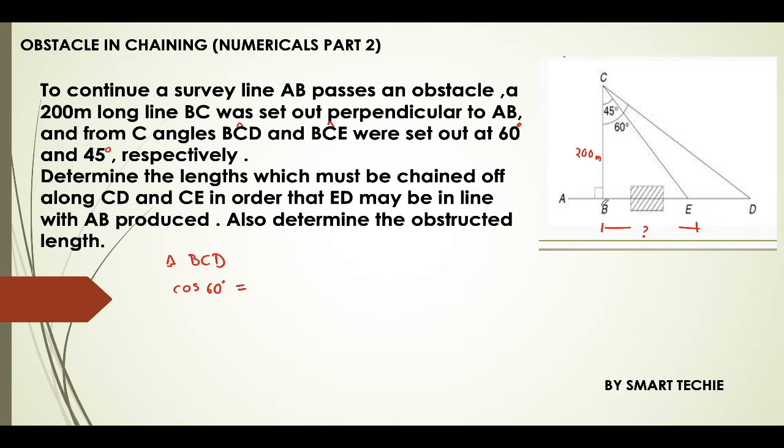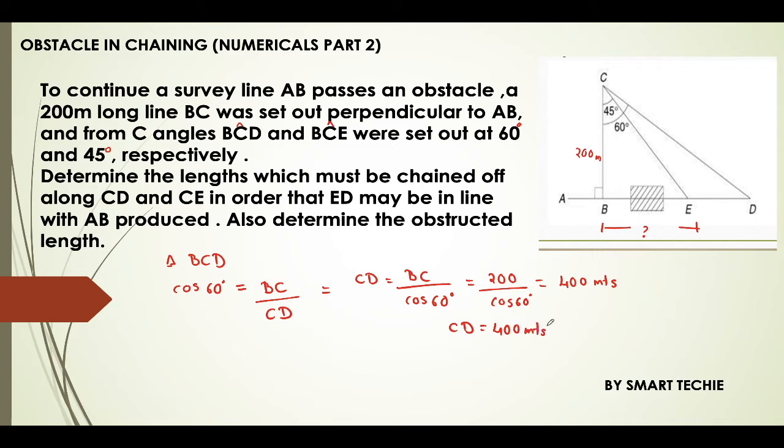BC is my adjacent side and hypotenuse is CD. I can solve this equation by substituting the values. CD is nothing but BC upon cos 60. I have 200 meters, which is already given, and cos 60 degrees, so that is 400 meters. So the length of CD is 400 meters.